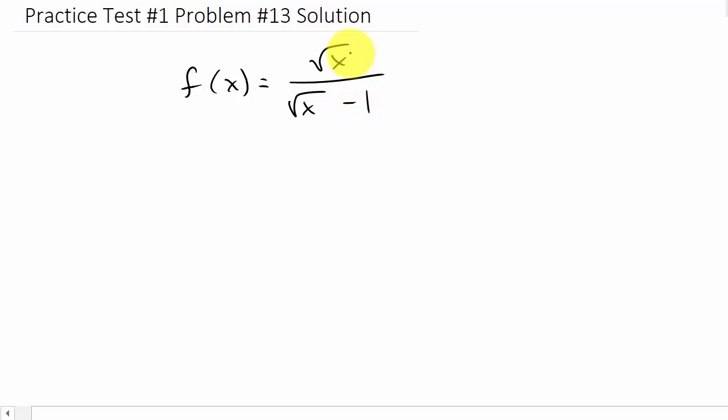So remember the quotient rule, that's the derivative of the numerator times the denominator minus the derivative of the denominator times the numerator. Now, first thing that you might do is change the square roots to x to the 1/2.